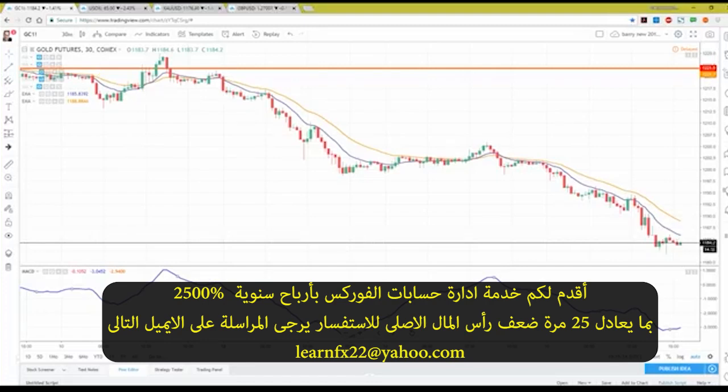So we can now get rid of the EMAs or the moving averages on the price chart, because MACD doesn't put those on the price chart. It only calculates them to come up with the MACD line down below.